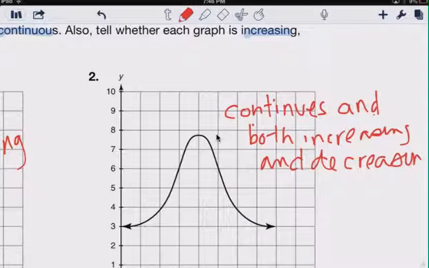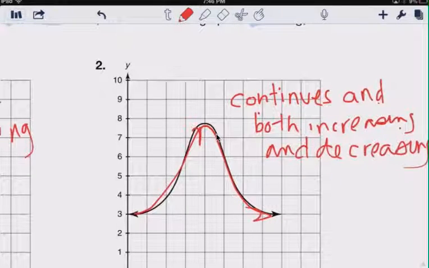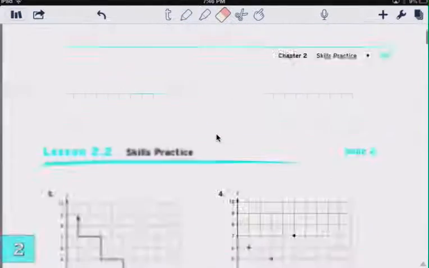Okay. As you can see, it's increasing, going up, and then coming down, decreasing. It's always left to right. A graph is always judged from the zero point, left to right, or negative from left to right, whatever. It's always left to right. Look at a graph as left to right.